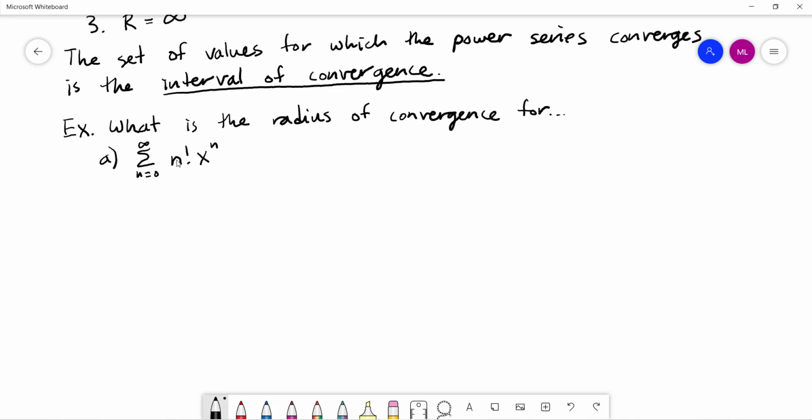N factorial is going to grow as n increases no matter what. X to the n has the potential to get smaller as n increases, but that'll only happen if the value of x here is less than 1. So if x is between -1 and 1, then we basically have an exponential with the base being less than 1. This will eventually decay to 0, but the factorial is going to infinity. And in fact, if you remember our hierarchy, factorials grow faster than exponentials.